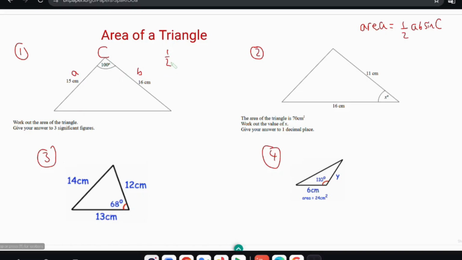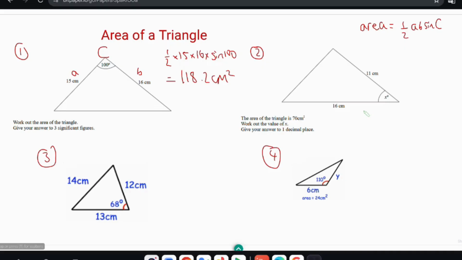So half times 15 times 16 times sine 100 gives us an area of 118.2 centimetres squared.